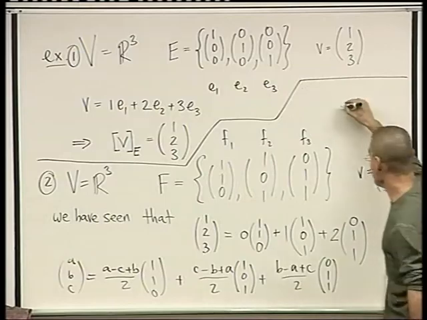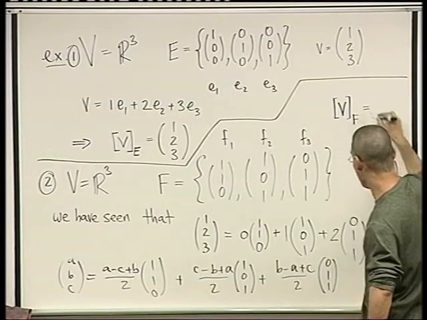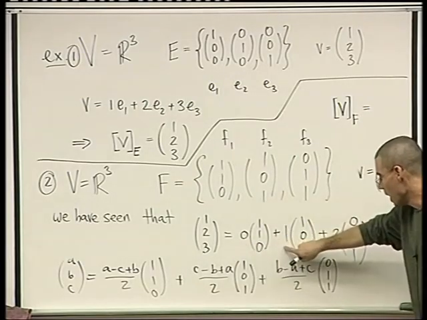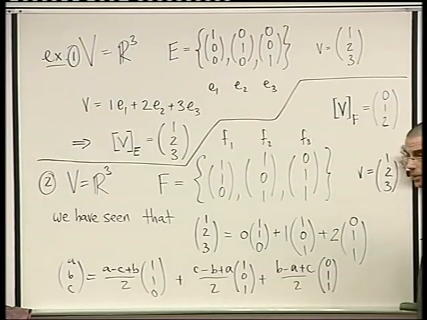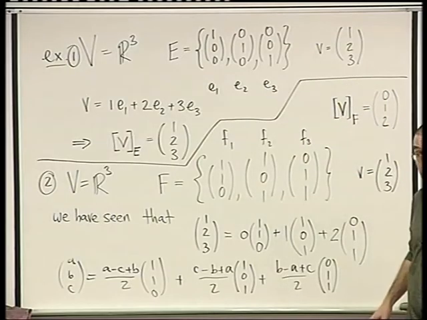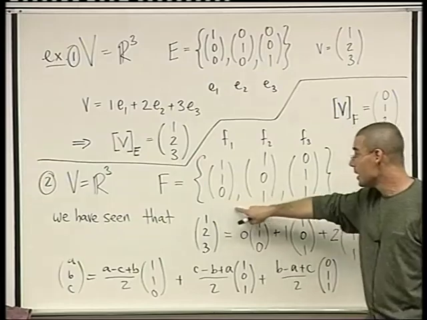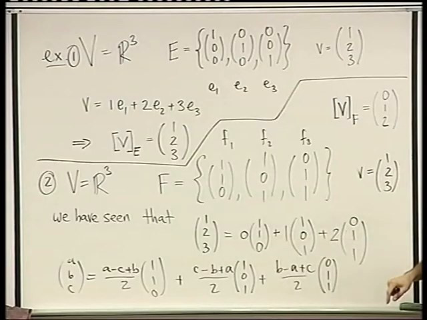So the coordinates of v with respect to the basis F are (0, 1, 2). Good? Clear? And it's confusing because (0, 1, 2) is not the same as (1, 2, 3). Those are different vectors. But the coordinate vector of v with respect to this basis is (0, 1, 2). All it means is that v can be written as a linear combination of F1, F2, and F3 using these coefficients. That's the coefficient vector with respect to this basis.